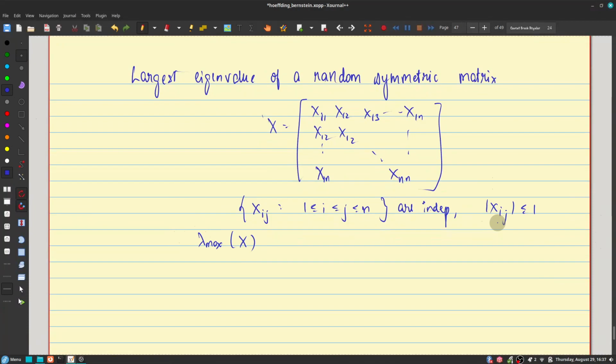Why is the largest eigenvalue equal to n? You multiply it with the all ones vector. What do you get? All n's, so it's n times the all ones vector.